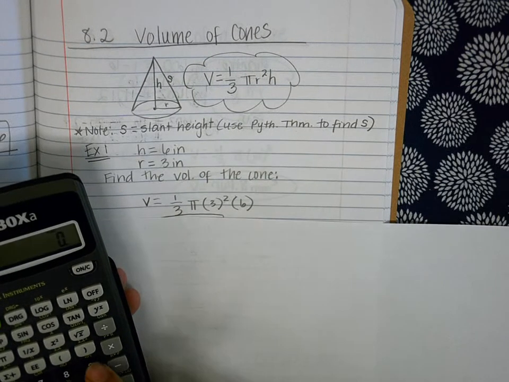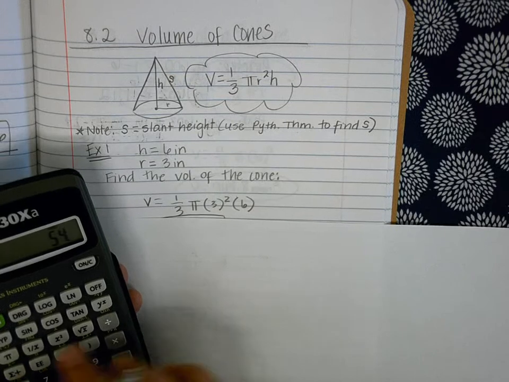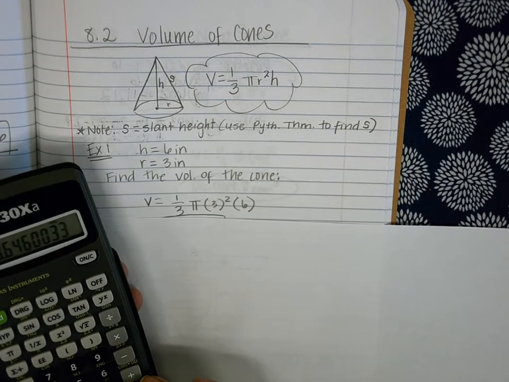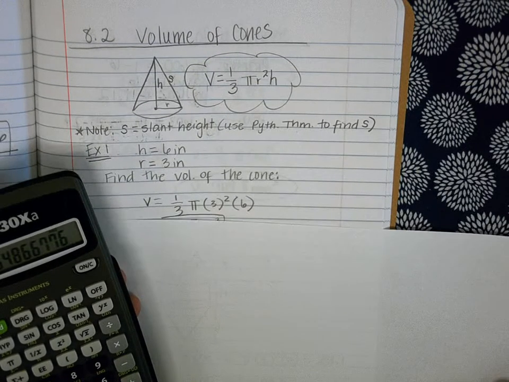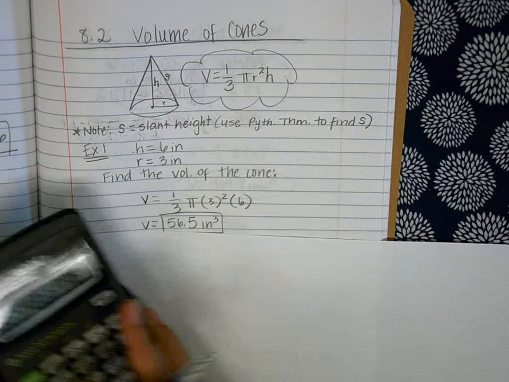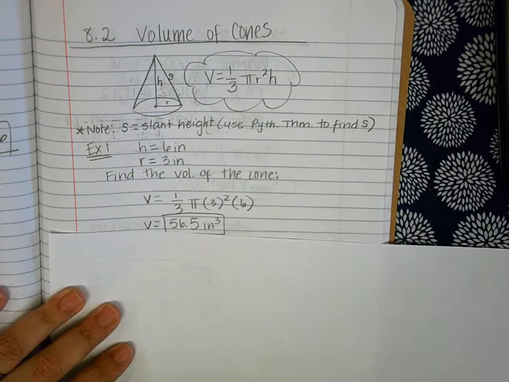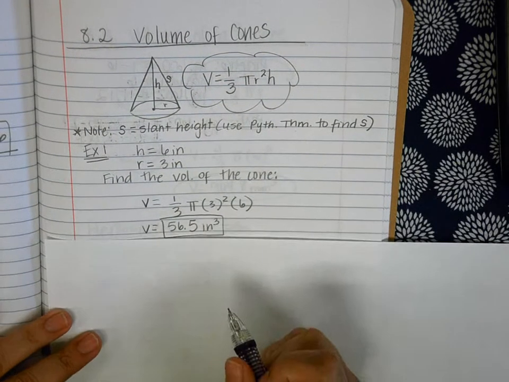So do 9 for the 3 squared times 6 times pi equals, and then hit divide by 3. And what you should get if you do that is 56.5. Okay? So 56.5 inches cubed.